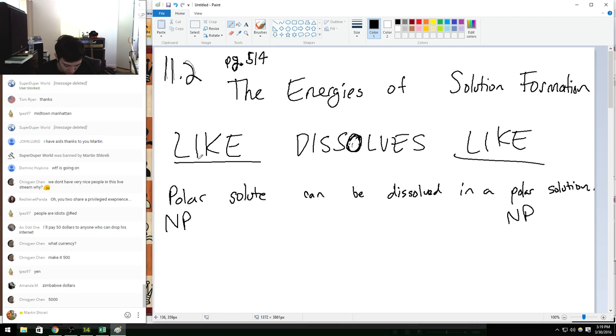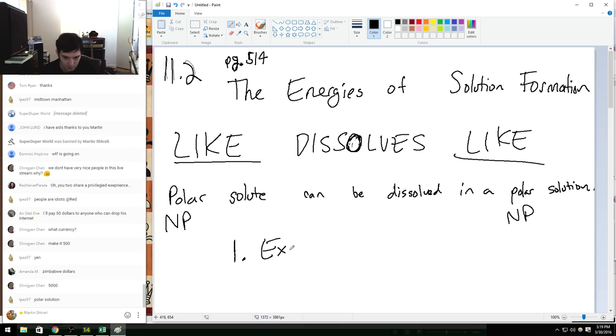We're going to understand a little bit more about solubility, but there are 3 steps to form a liquid solution. The first is we want to expand the solute.